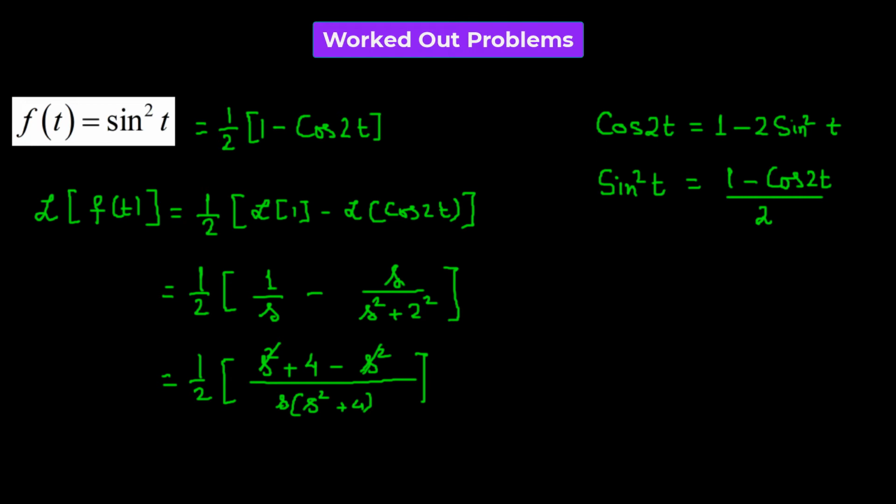We can also cancel out 2 from the denominator, and 2 times 2 is 4. So that leaves us with 2 divided by s times (s squared plus 4). So this is the Laplace transform of sine squared of t, and this transform is going to exist for s greater than 0. Let us go to the next question.